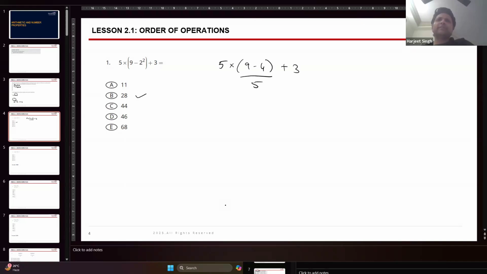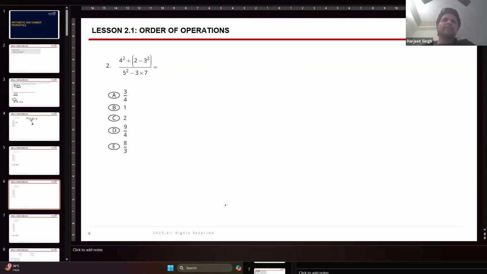This is 5. So 28. Okay. Simple. This one. Such questions could be asked, by the way. Simple ones to warm you up for the exam.